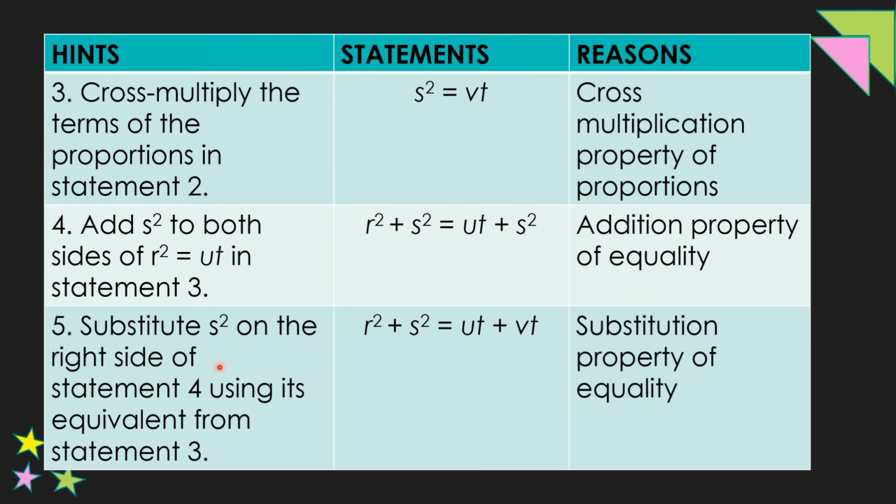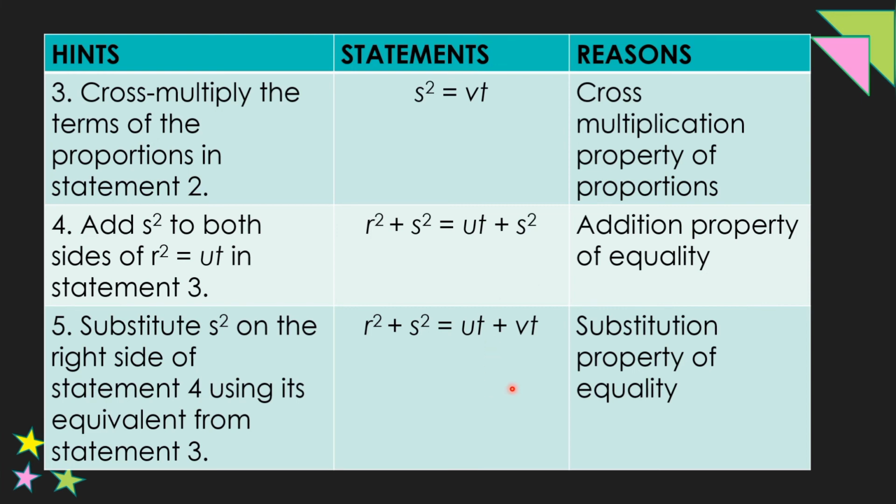Number 5, substitute S squared on the right side of statement 4 using its equivalent from statement 3. So that is R squared plus S squared equals UT plus VT. From statement 3, S squared equals VT, so just substitute VT in the position of S squared.